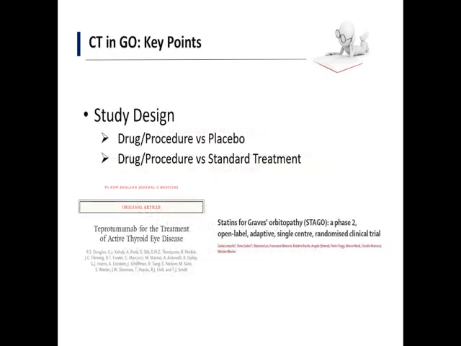Interventional studies on medication can be of two types: a drug or a procedure versus placebo, as for example in the teprotumumab studies, or a drug or a procedure versus standard treatment. As I told you earlier, clinical trials can be multicenter, as for example the studies on teprotumumab, or they can involve a single center, as the study we performed recently on statins.